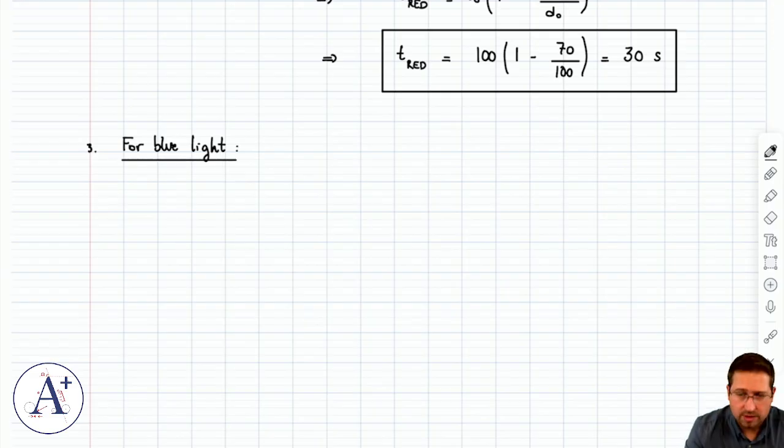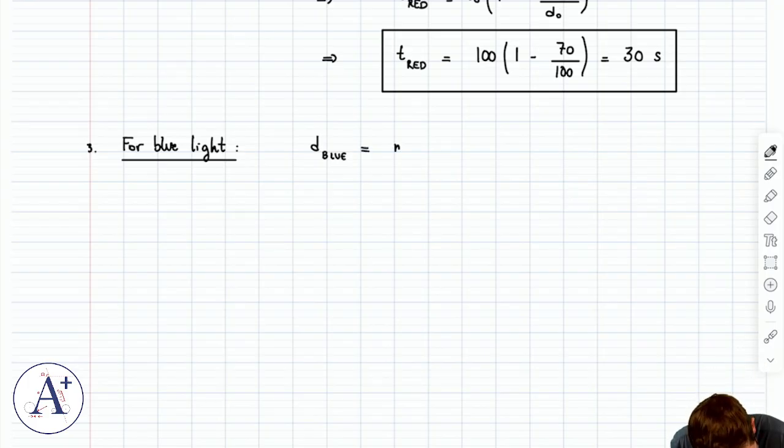The only difference is that we're going to have lambda blue instead of lambda red. So we're going to find that d blue is going to be equal to m plus 1 half, lambda blue over n.